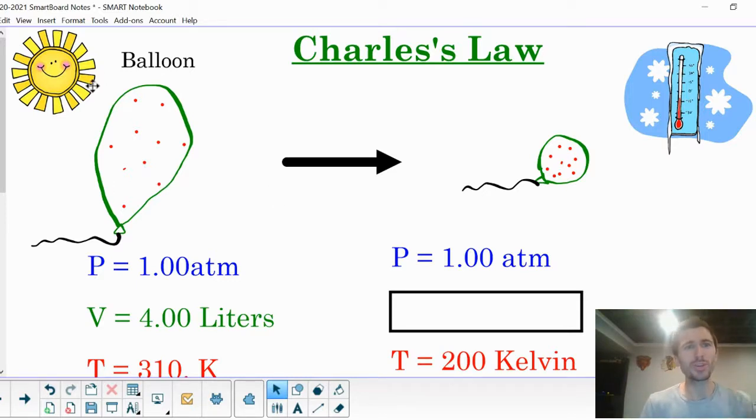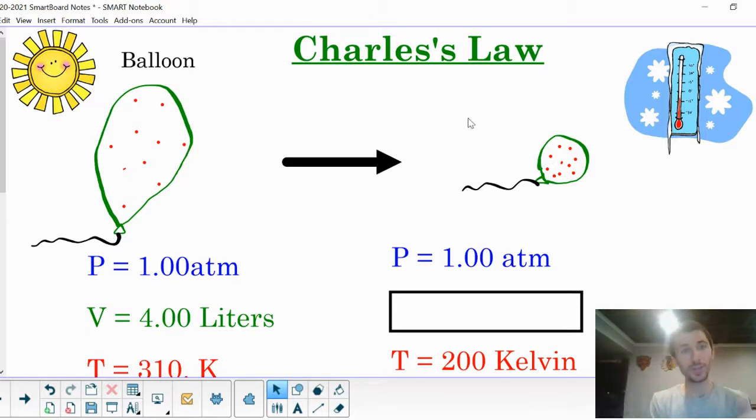If you were to take this balloon and bring it into a frigid environment, somewhere like Antarctica or Alaska or Siberia or anywhere that's freezing cold, or the polar vortex 2 years ago in Illinois, the balloon shrinks. The reason this happens is because the balloon can expand.